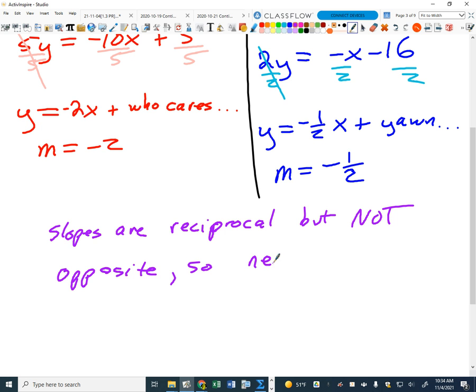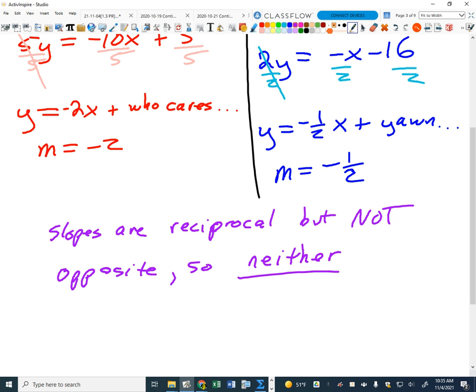So they are neither. Say it again. Okay, that still wouldn't work because they have to be opposite and reciprocal. They have to be the flips of each other and opposite. Yeah, or negative 2 and positive 1/2, or positive 2/3 and negative 3/2.